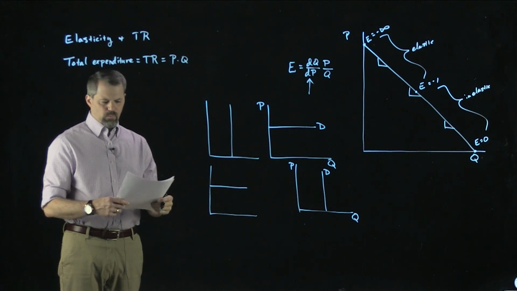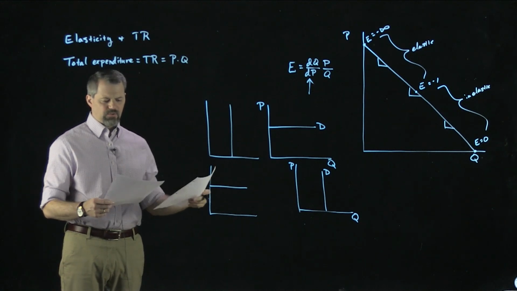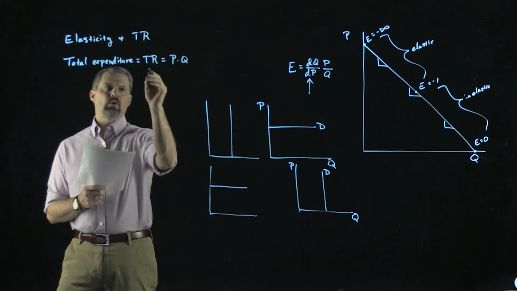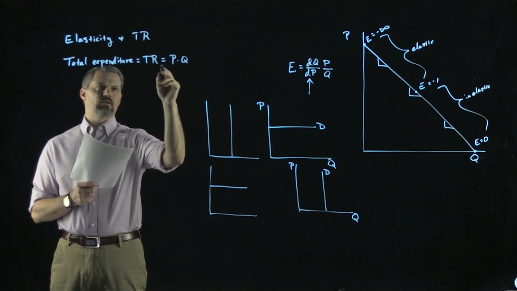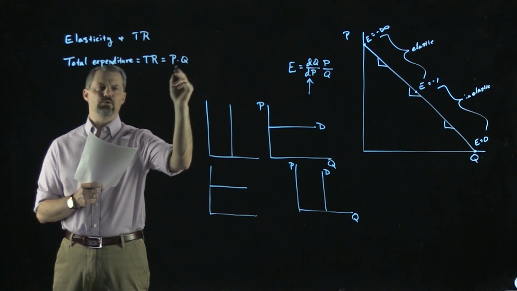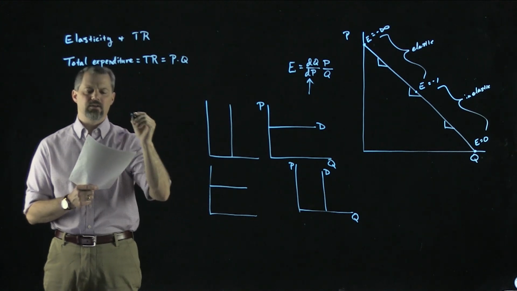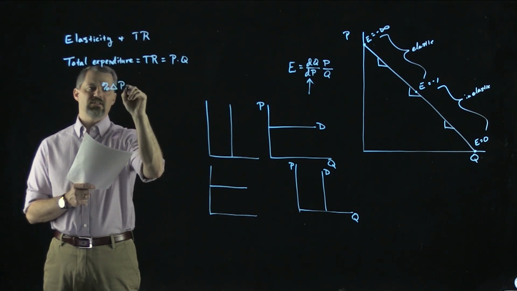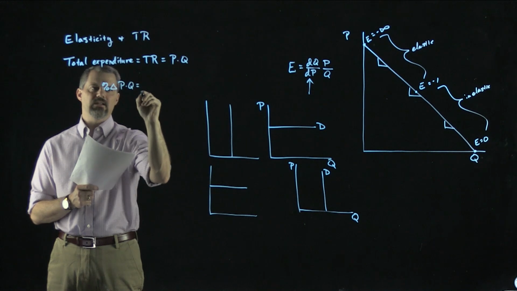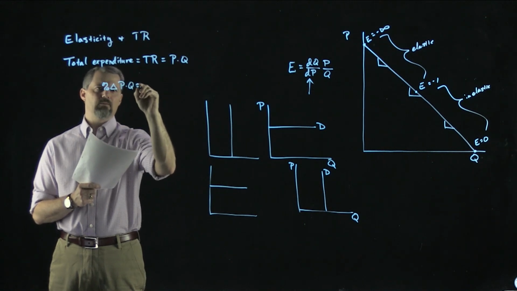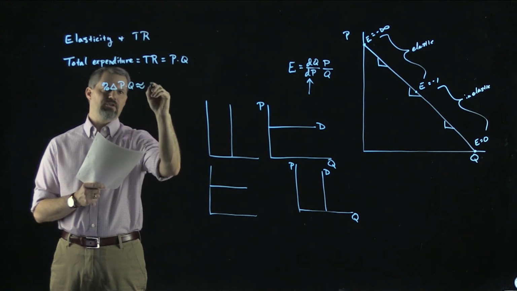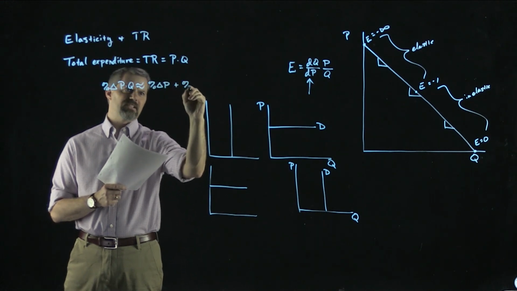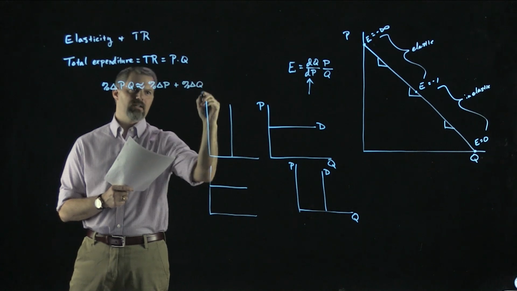And so what we want to pay attention to is this nice simple rule. This is a product. Total revenue is the product of two things, price and quantity, one multiplied by the other. And the percent change in a product, the percent change in price times quantity, is roughly equal, I'm going to write it this way, to the percent change in price plus the percent change in quantity.